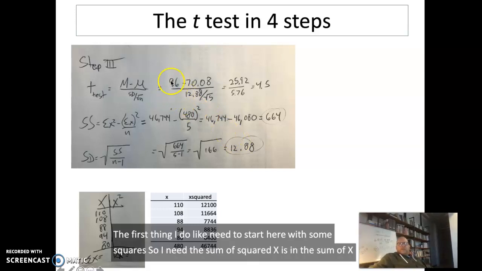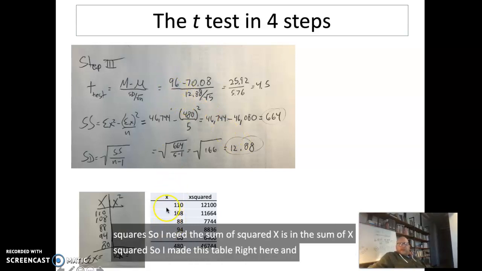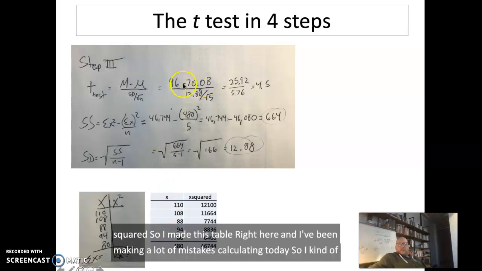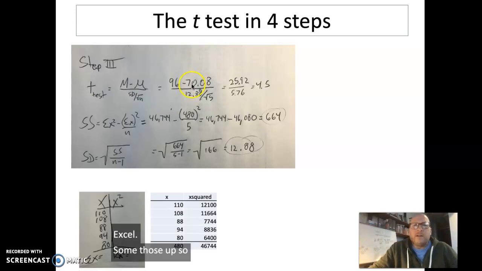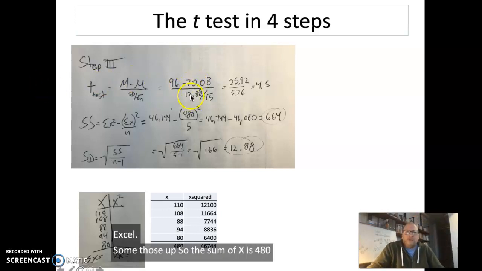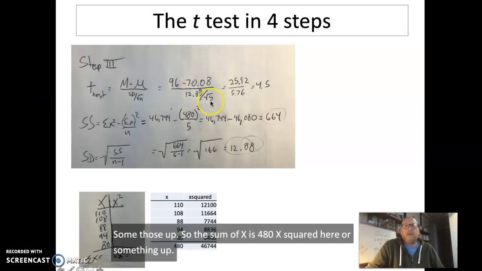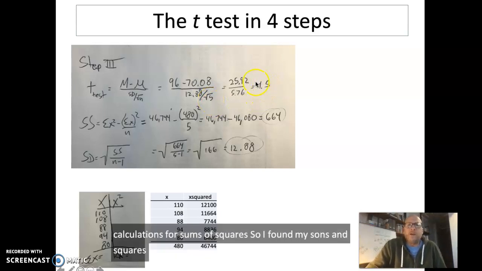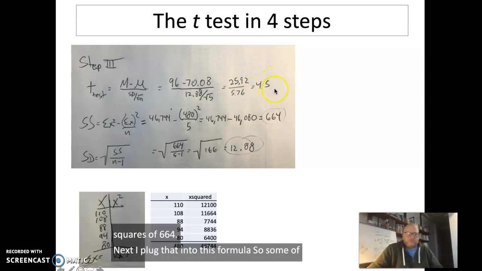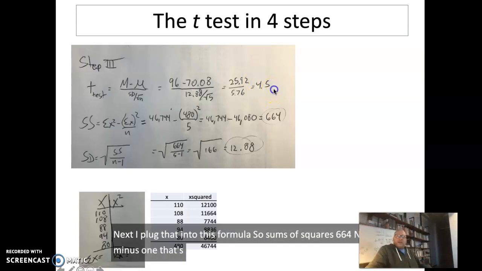So again, my sample, this right here, has a mean of 96. The population, which is our bowl, that was the resting heart rates from class. Standard deviation, which I just calculated down here. And the square root of n, that's the 5 people in our sample. Our test statistic then comes out to 4.5. All right, so calculations are done.